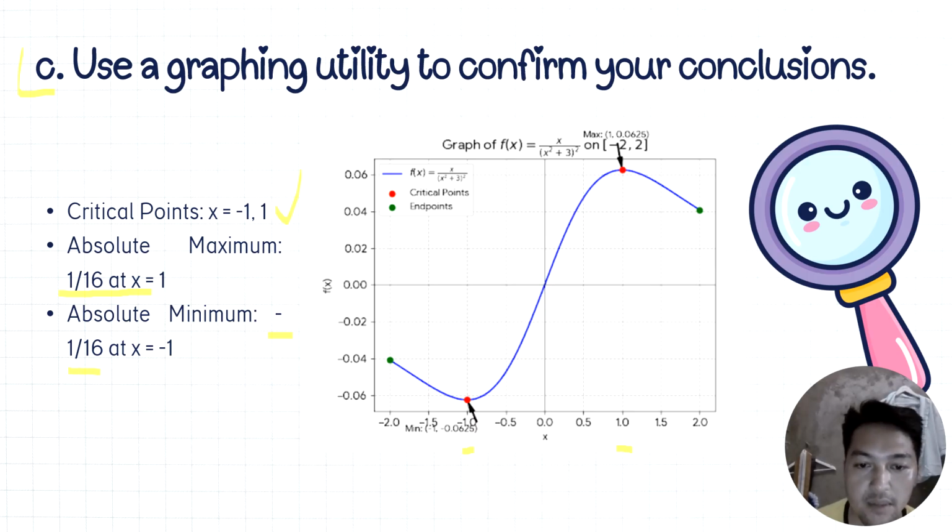Negative 1 over 16 can be found on this portion, and 1 over 16 on this portion. As you can see, the wave going up there shows our maximum and minimum values for this problem. The minimum value is at negative 1 and negative 1 over 16, and our maximum value is at 1 and 1 over 16.